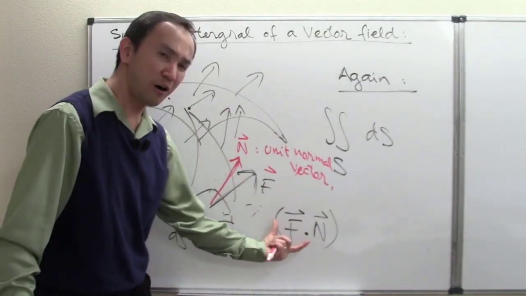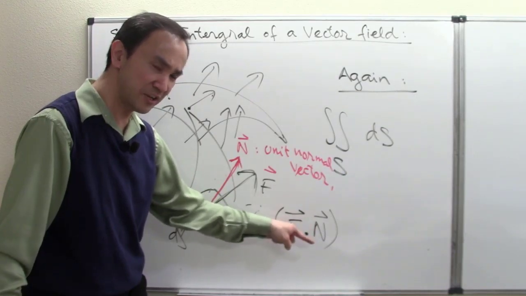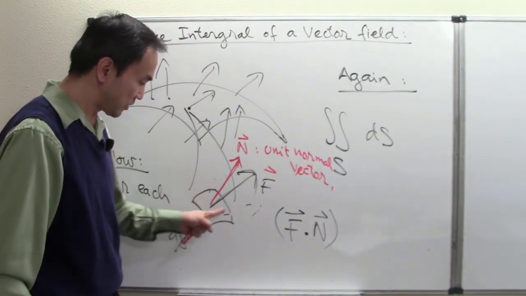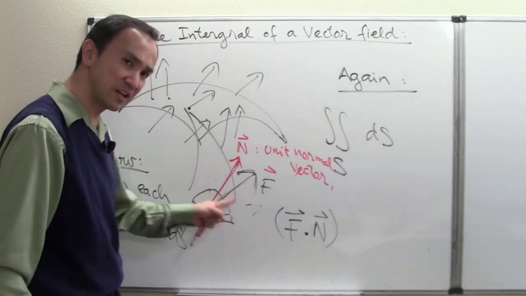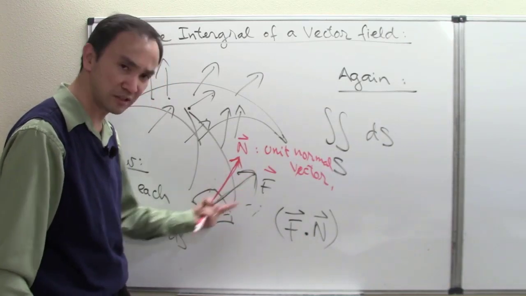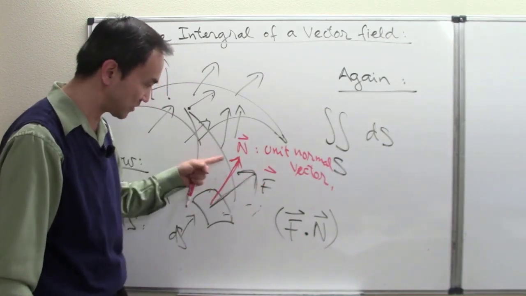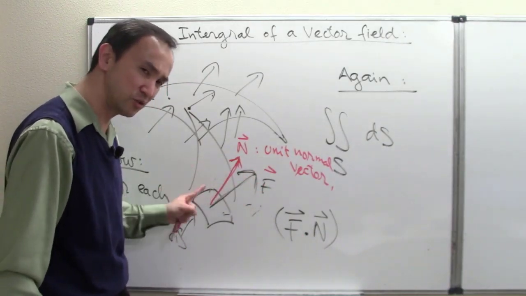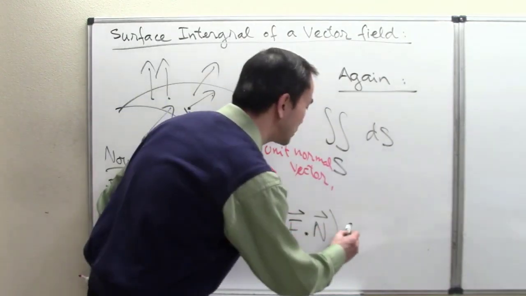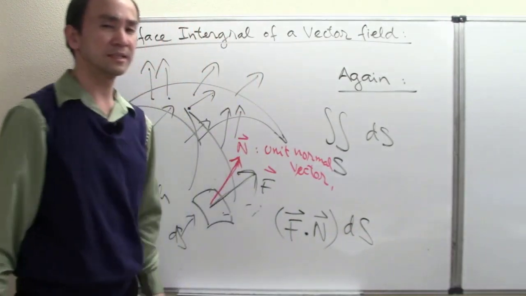But right at this point, all I need you to understand is that on each of those sub area units, we take the dot product between the vector from the vector field F and the unit normal vector. And then that dot product, I am going to multiply with dS.